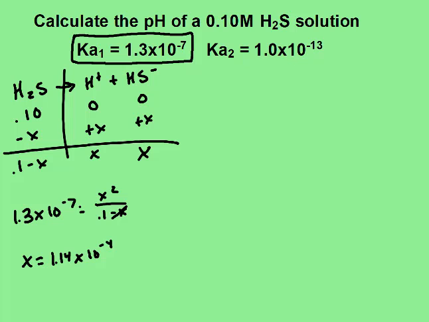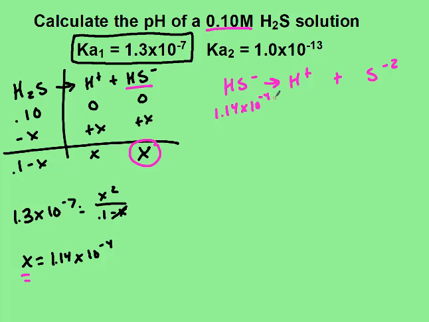So now we can do the same thing with HS, because HS also technically will produce a proton. So HS is going to give off a proton and then turn into S negative 2. Unlike this first one, we started with 0.1 of H2S, but HS is X, and my X was 1.14 times 10 to the negative 4th.